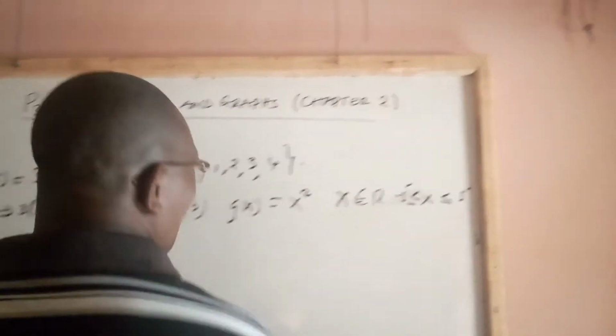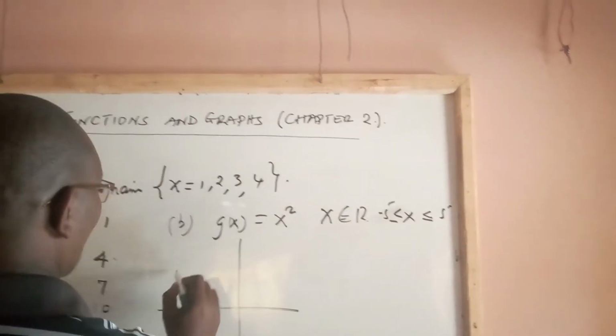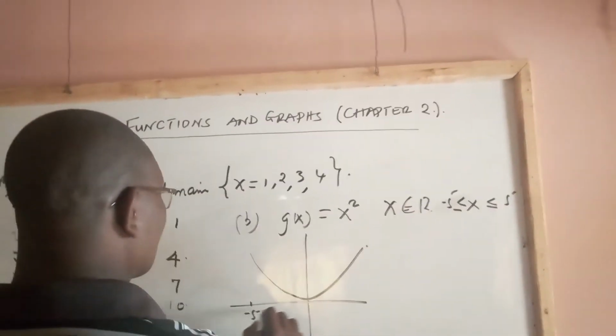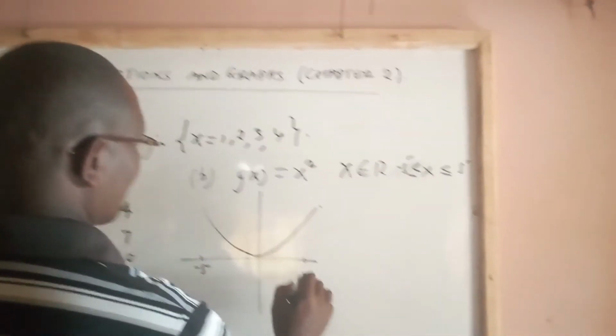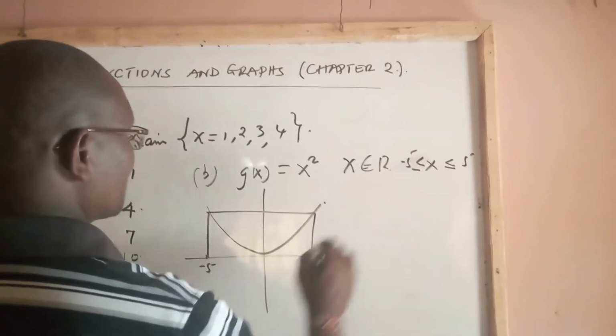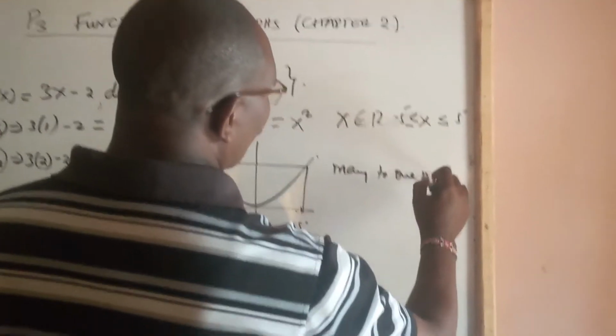And this one, it goes without saying, because x is going to be squared, it's simply talking about a quadratic function. When x is minus 5, and when x goes all the way to the boundary, then you can see this is a many to one mapping.